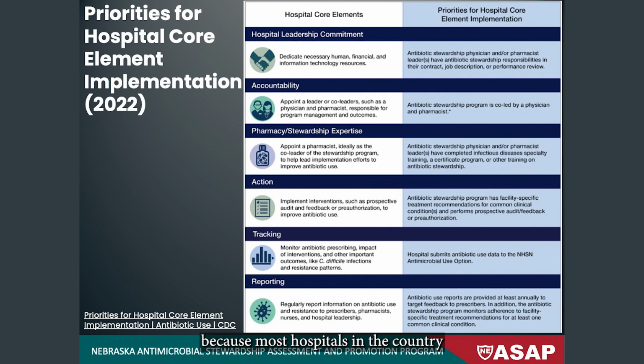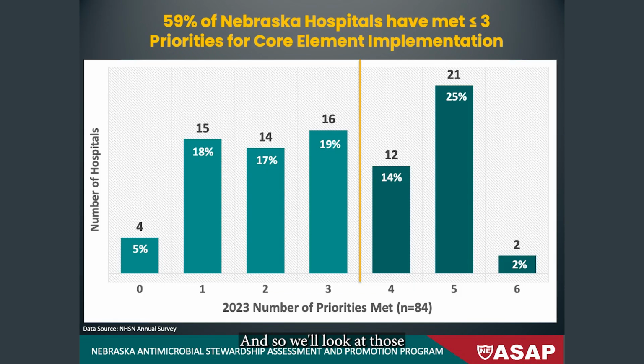Because most hospitals in the country have met all 7 core elements, the CDC in 2022 published these priorities for hospitals to work on then. And so there were 6 priorities for 6 of the core elements. And these are more specific activities that have been shown to improve your stewardship outcomes. And so we'll look at those a little bit more in depth here.